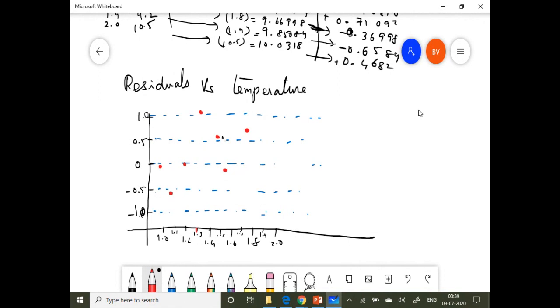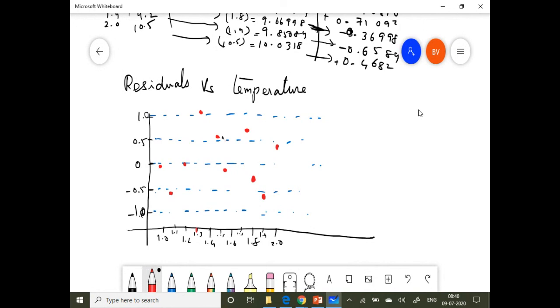For 2.0 it is positive 0.46, very near to this one. For 1.9, negative 0.6, it is here. 1.8 is negative 0.3, it will be here.